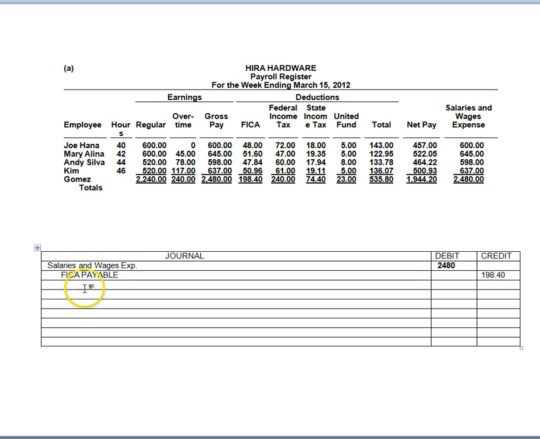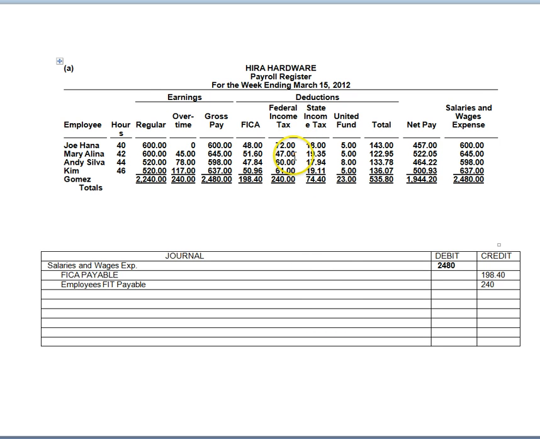So we might want to be specific about calling that employees federal. I'll put FIT, federal income tax, and be sure you type in you're dealing with liabilities, so you're going to be working with payable accounts. All right, so that's going to go down as 240.